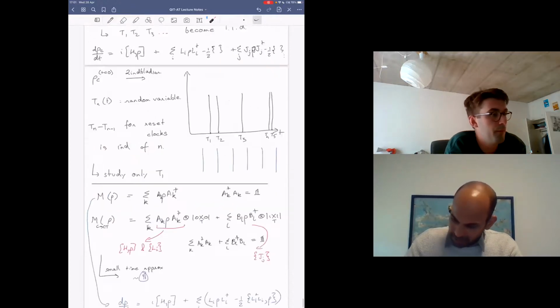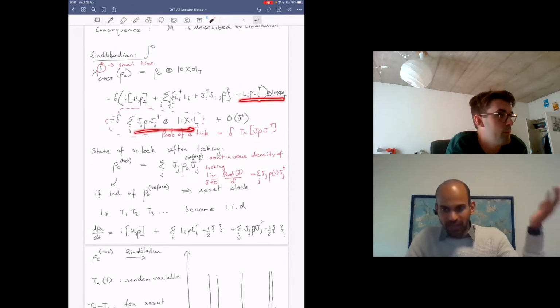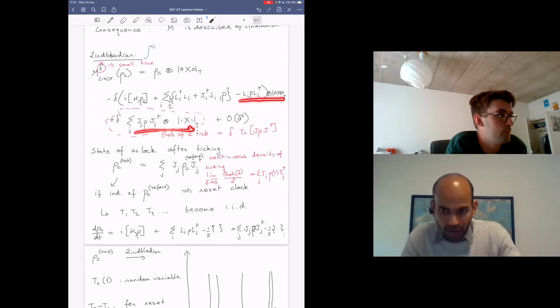So in the derivation with the register, you end up with an H term, the term L_i ρ L_i†, which is a non-tick, the J_j ρ J_j†, which is a tick, and then a remainder term that is definitely a non-tick. To find out how large it is, you just use the normalization of the original Kraus map, and that remainder term ends up being this.